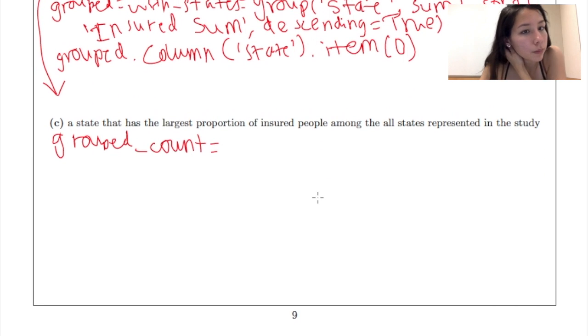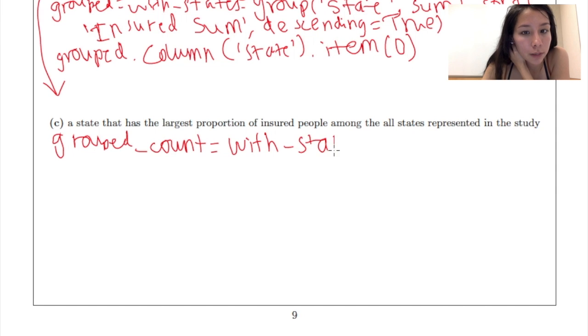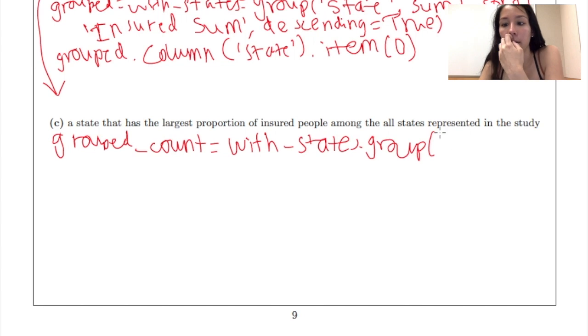Okay, so we grouped with states the same way that we did before. So we grouped that by state. We actually don't want to be doing the sum this time, because we want to have those numbers still intact.